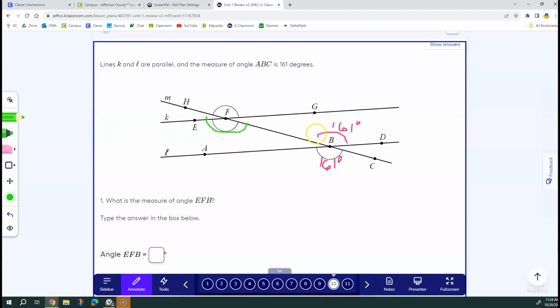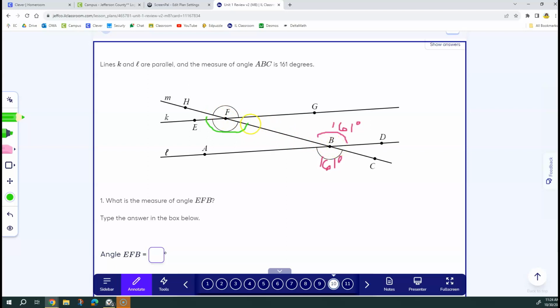We are looking at the inside of the parallel lines, the interior. And this angle here and this angle here happen to be on opposite sides of our transversal.